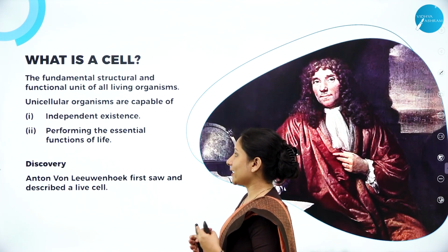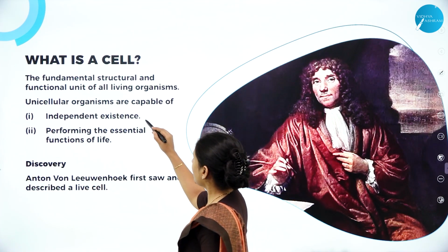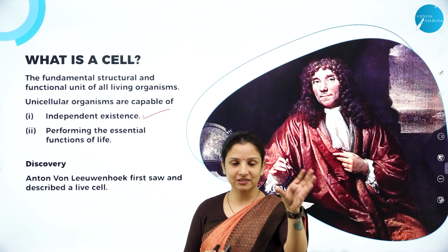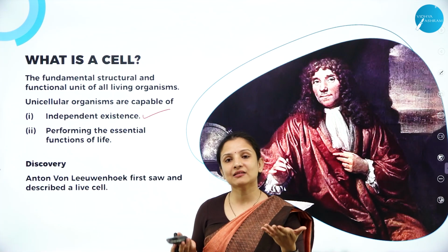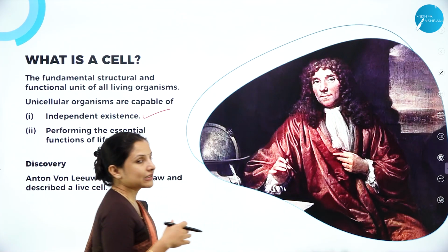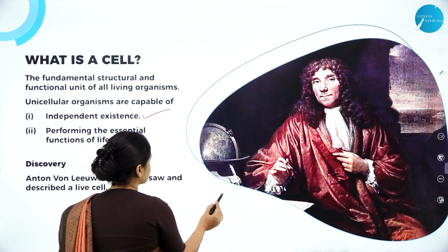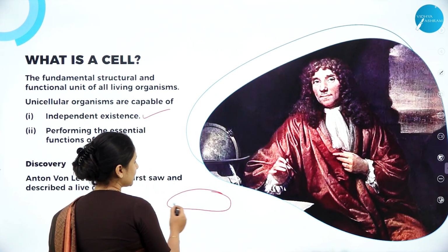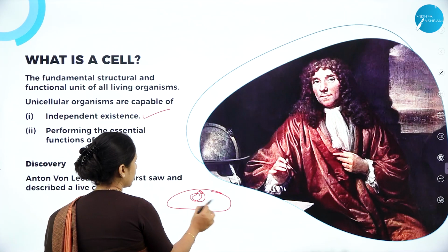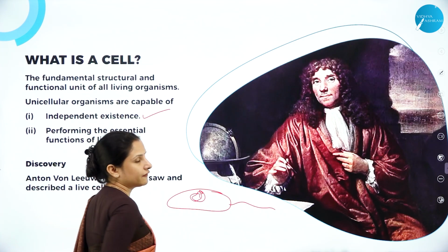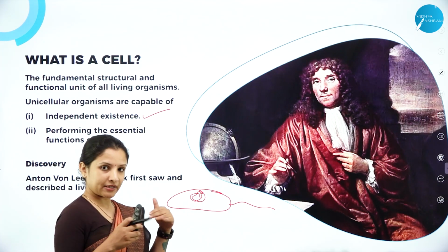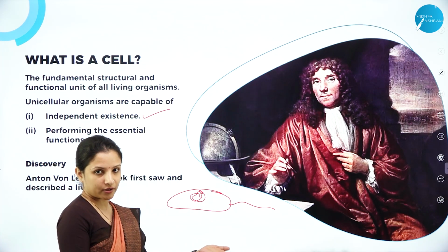So unicellular organisms, I told you, are capable of independent existence because they are made up of a single cell. Take bacteria for example. Bacteria are unicellular. If it is a rod-shaped bacterium, it will have just one single cell wherein the genetic material will be there. It will have flagella for its mobility. So this single cell survives independently on its own.